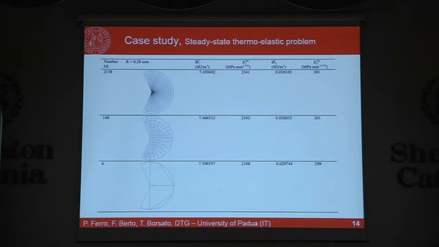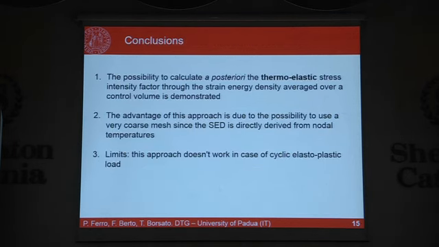So, the conclusion. We have demonstrated that there is the possibility to calculate the thermoelastic stress intensity factor by using the strain energy density concept. This is a very powerful method because the strain energy density does not depend on the mesh.